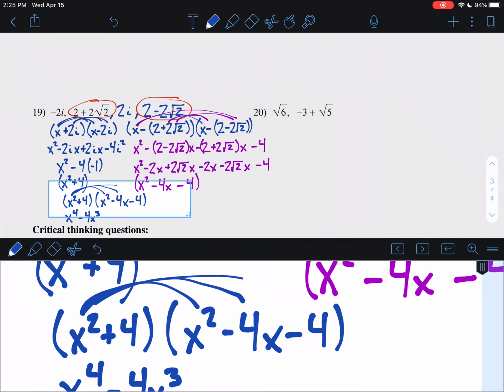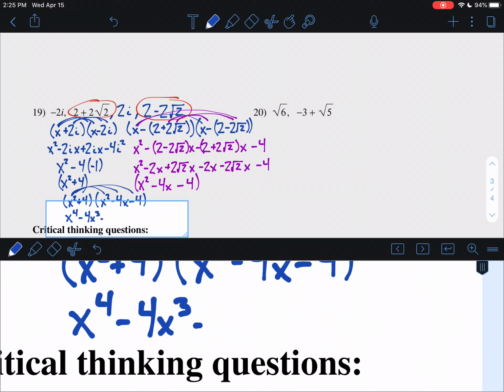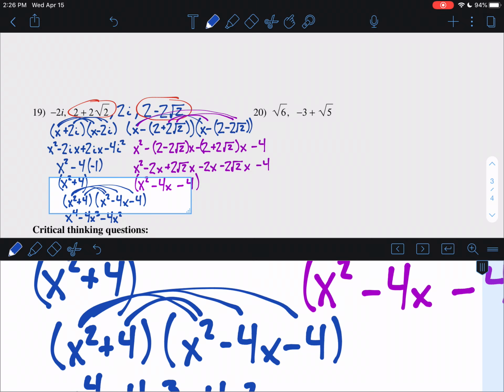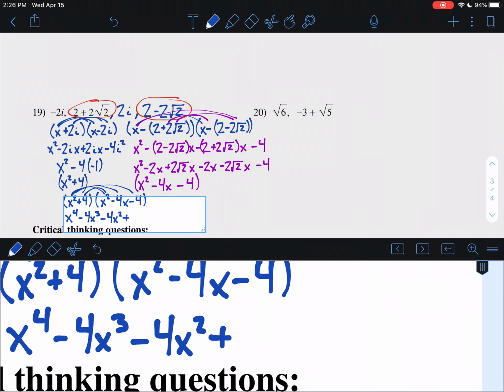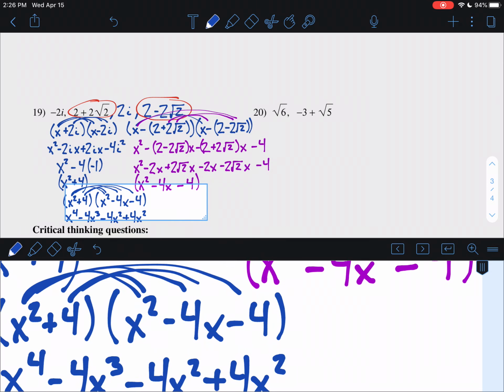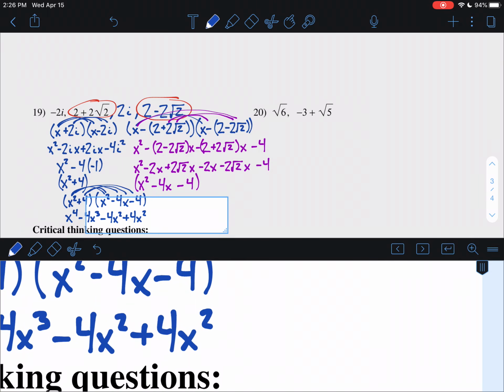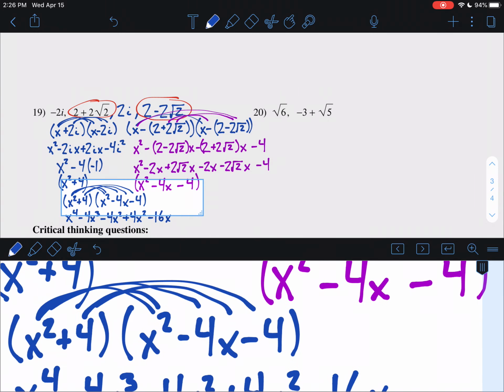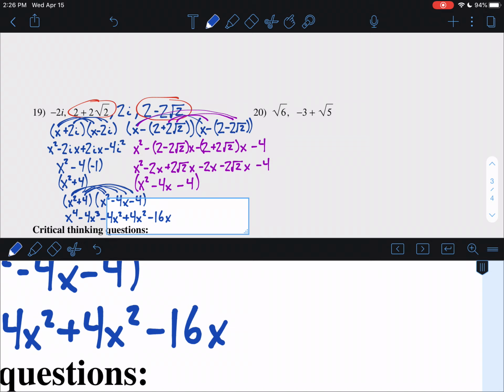I got x squared times negative 4 is negative 4x squared. And then I got 4 times x squared is 4x squared. I got 4 times negative 4x is going to be negative 16x. And I got 4 times negative 4 is going to be negative 16.